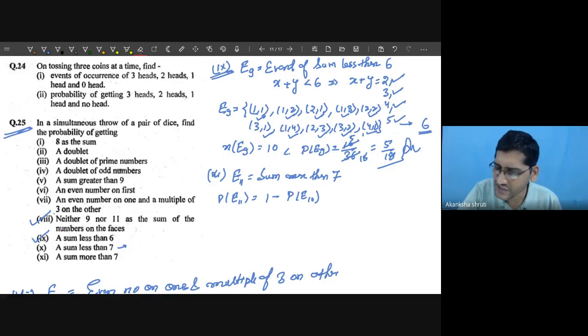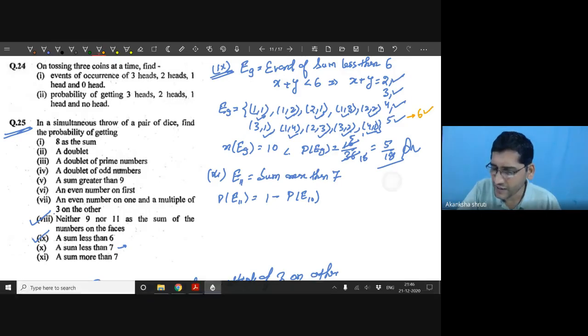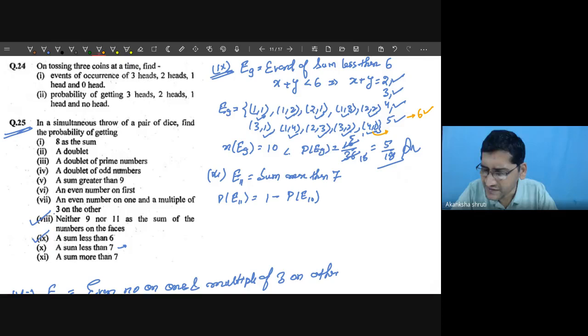I'm going to extend it. So up to 5 we had already written, just we are adding for the 6. So 1 and 5, 2 and 4, then it can be 3 and 3, then 4 and 2, it can be 5 and 1 also.